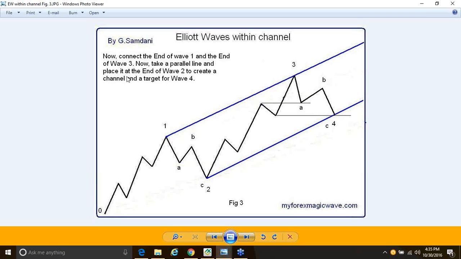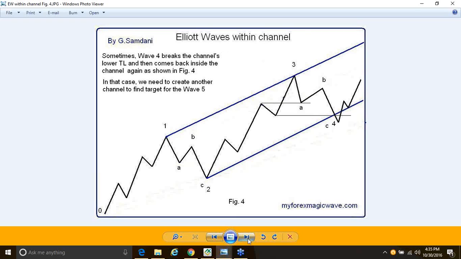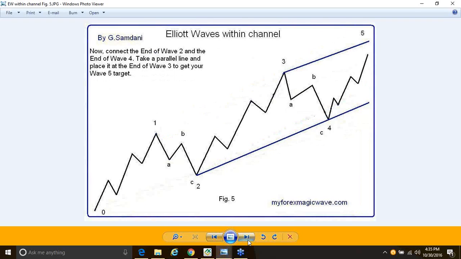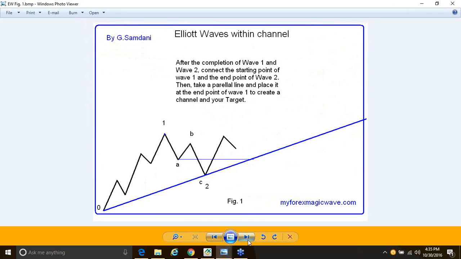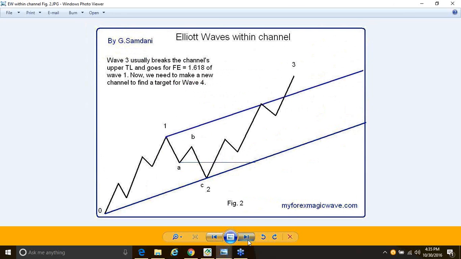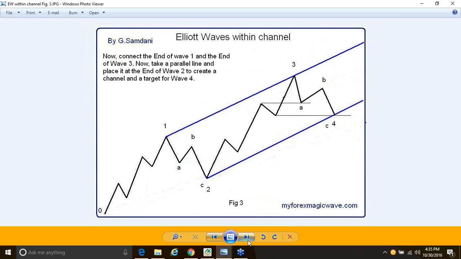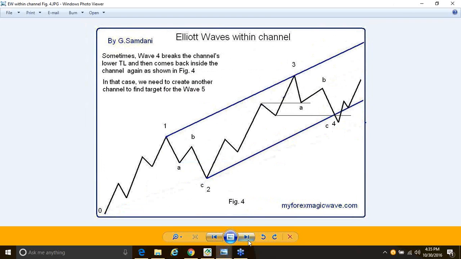How come I didn't write it here? End of wave 2. Somehow I don't have it here. Wave 3, I know. Okay. Anyway, wave 4 is usually, maybe it's some other diagram.